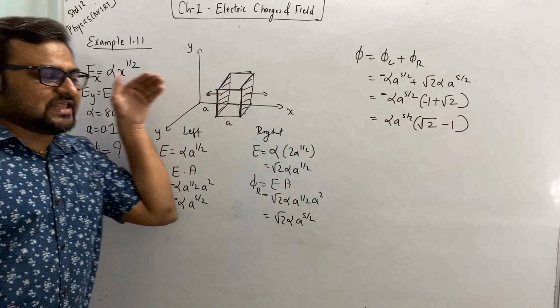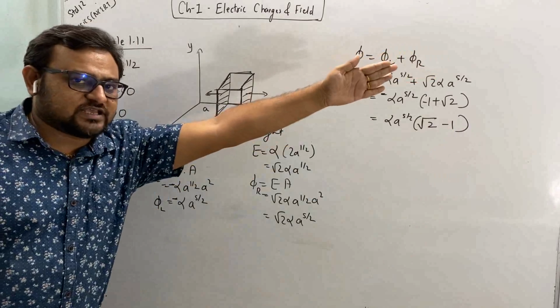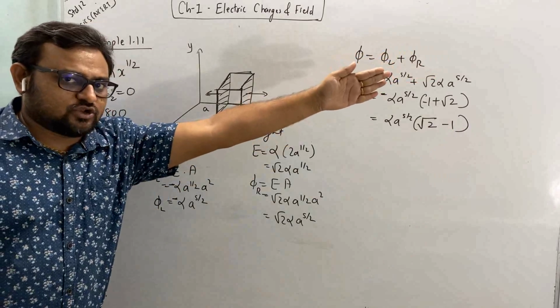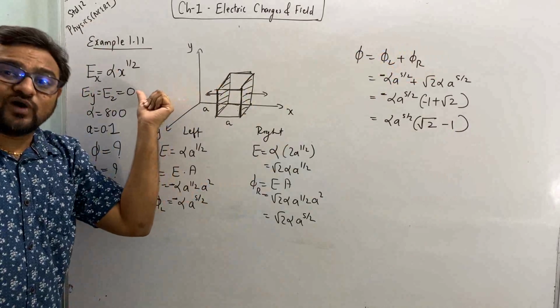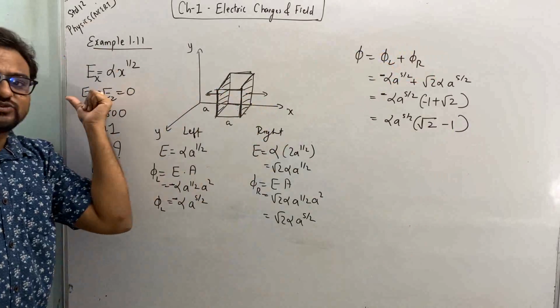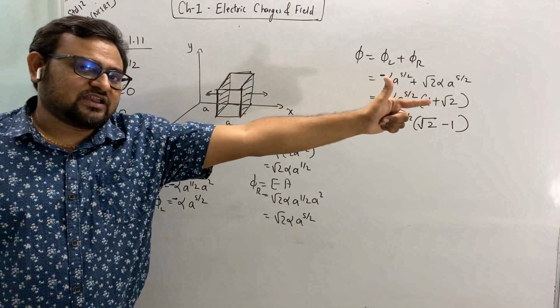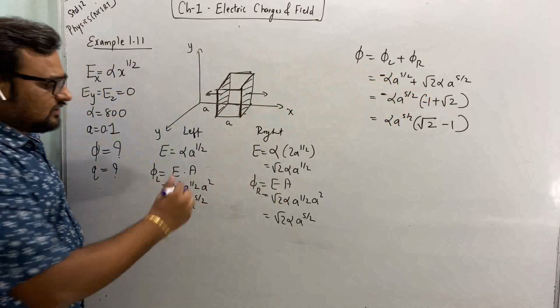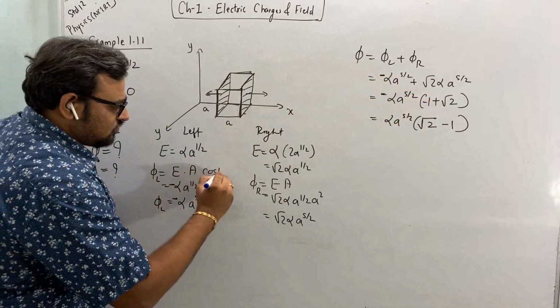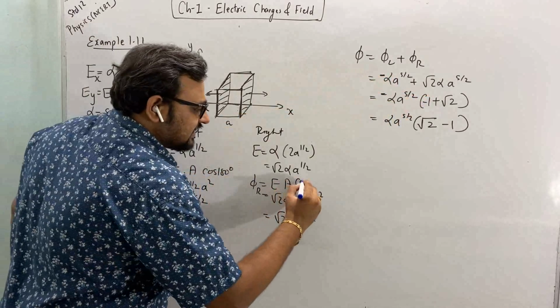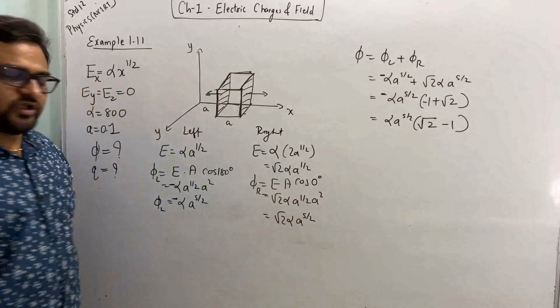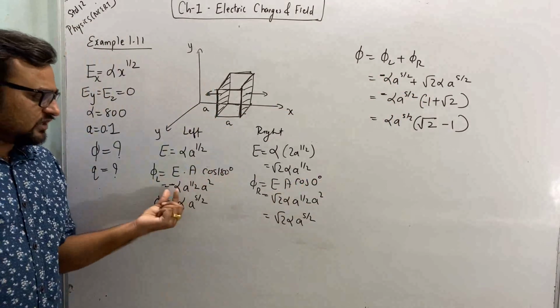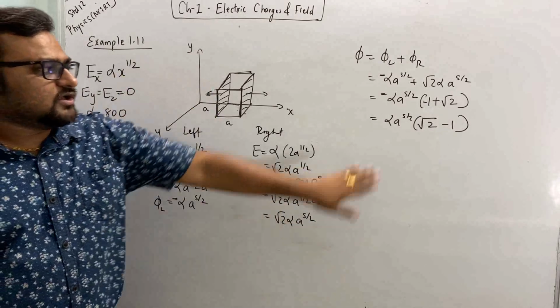In this case, electric field and area vector are both the same. Clear? So cos 0, 1. Here will be cos 180. Clear? Area is in this way and electric field is in this way. So it will be cos 180 here. Here I can write cos 180 degrees, here I can write cos 0 degrees. Clear? So putting the values, cos 180 is minus 1, cos 0 is 1. So I get this value.